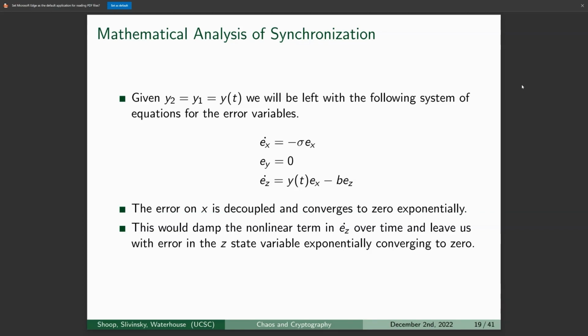And we can show that it's similar to the E sub x case, so E sub z is going to converge to 0 exponentially, but with b in the exponent. And since we're looking at sigma and b as strictly greater than 0, we know that E sub x and E sub z are going to converge. And so that confirms y of t can be used as a driving signal.